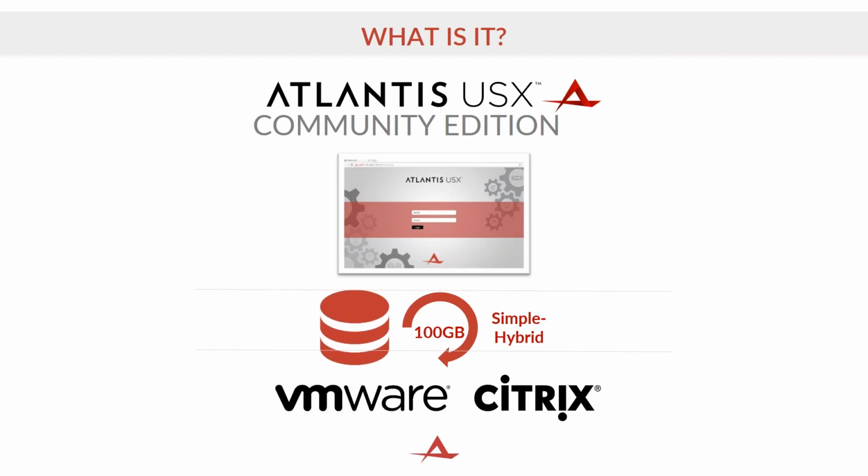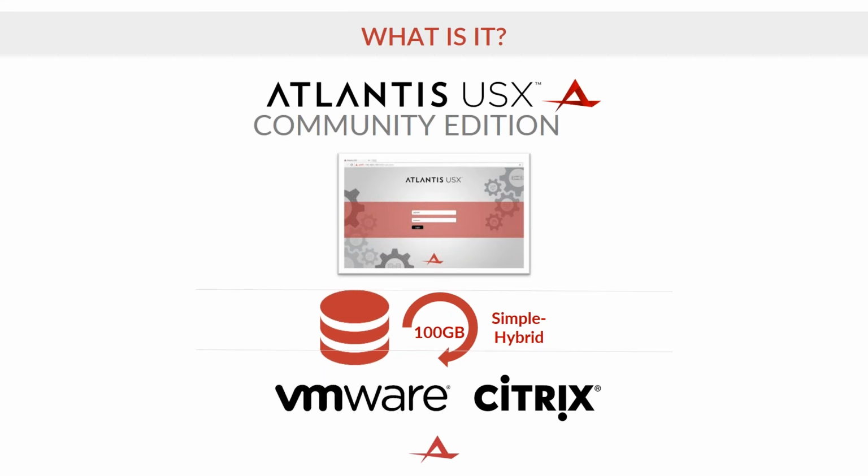The Community Edition is based on our fully fledged USX software-defined storage engine. You get the actual USX software as part of the Community Edition. The only limitation is that you are only entitled to consume 100 gig of storage capacity.